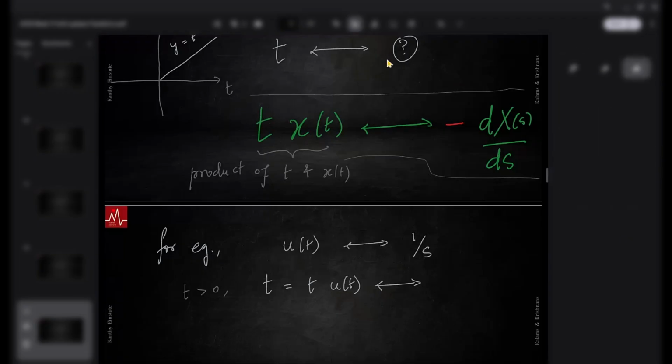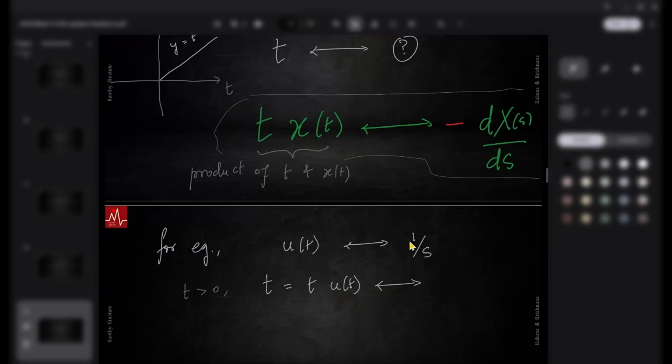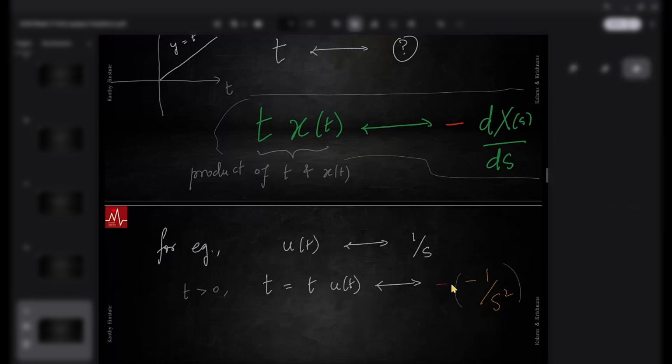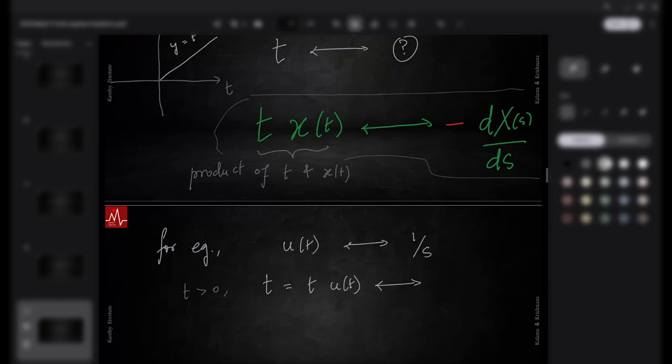So according to this boxed formula, take the derivative of that Laplace transform. That happens to be minus 1 by s square, the derivative of that. Or what is the Laplace transform of t? Let me write this down.